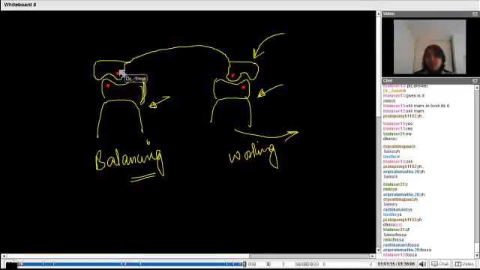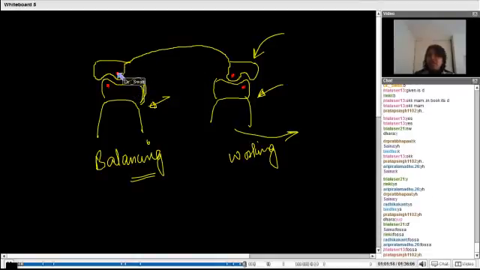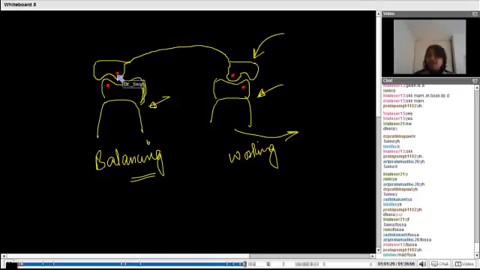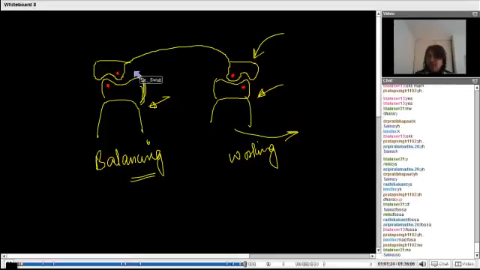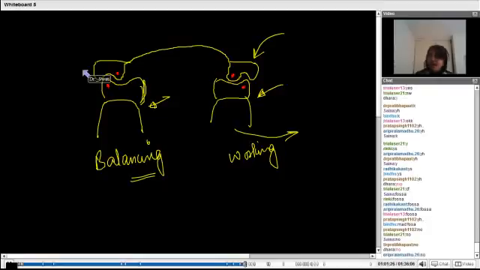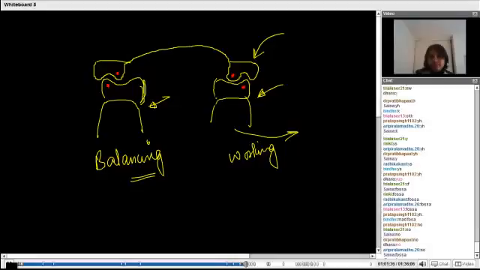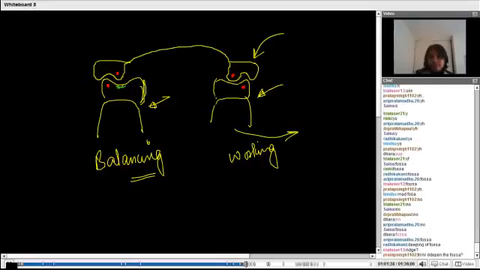In this particular case, can we grind the cusp? No, we cannot grind the cusp because it is not high in other excursions. It is only high in centric occlusion. So what is the thing that we will grind? We'll deepen the fossa. Yes, we'll deepen the fossa. Perfect. Okay.